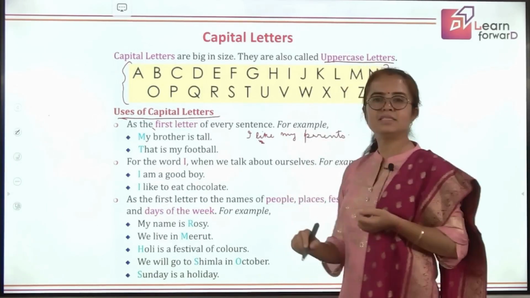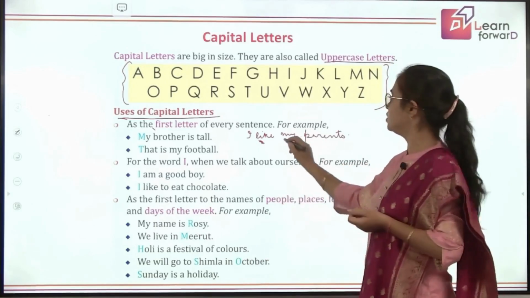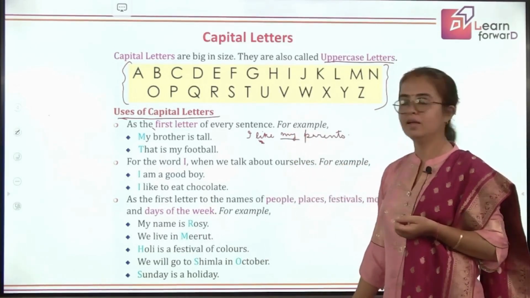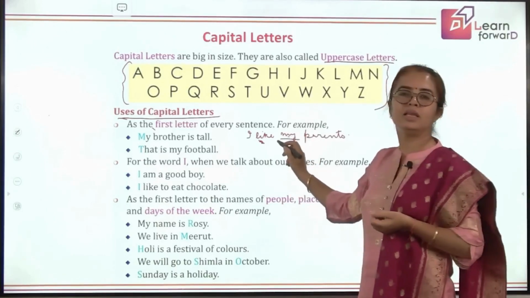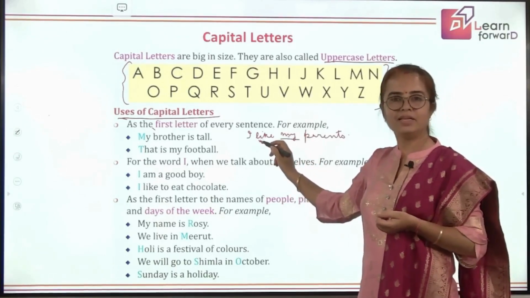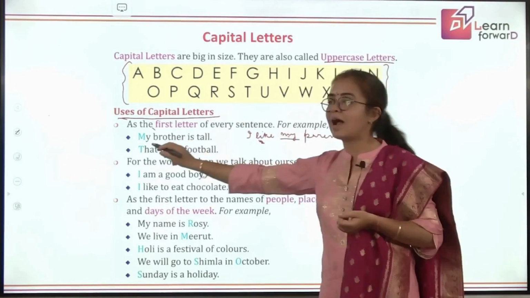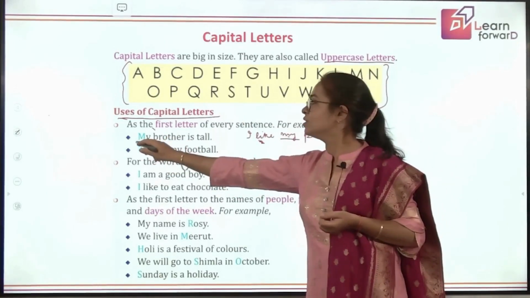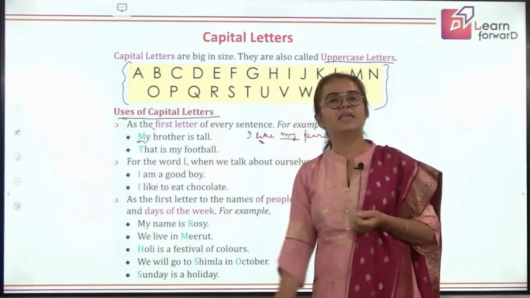Now in this sentence also, do you see I have used the word my? But I have not started it with a capital letter. Why? Because it's not the beginning of the sentence, right? So whenever we start the sentence, the first letter there is capital.